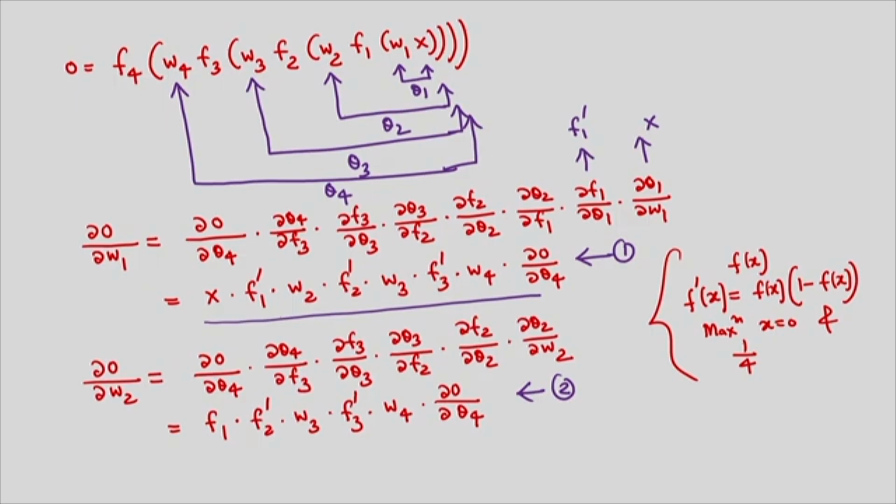If I compare equation number 1 and equation number 2, the gradient value will be less in equation number 1, because we are considering the earlier layer, that is W1, the first layer, but in equation number 2 we are considering the second layer. So as we move towards earlier layers, the number of products go on increasing. That is the concept of the vanishing gradient. The gradient value will go on decreasing.